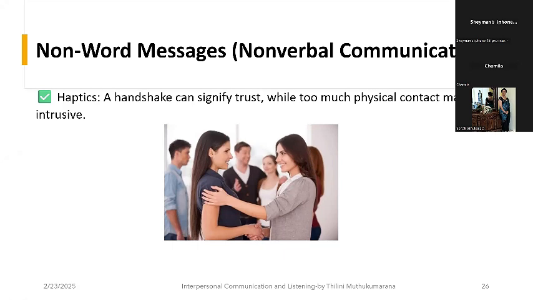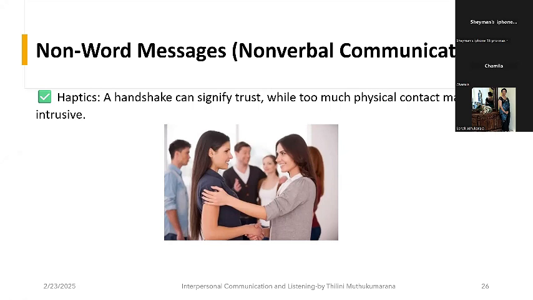If we go into deeper levels of the sense of touch, if you are mothers, you know, rather than screaming at a child, or just putting your hands on your hips and all that, if you go near that child and touch the shoulders and give some advice, they will tend to listen, right? There is an importance to haptics.